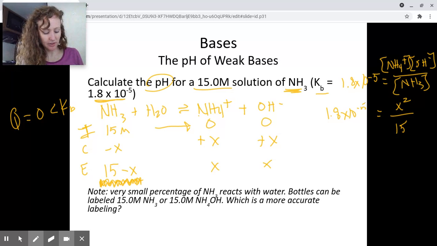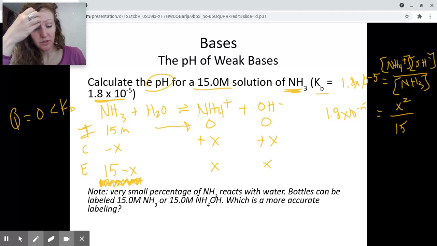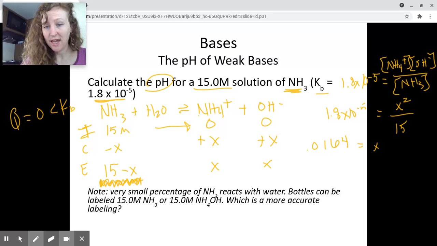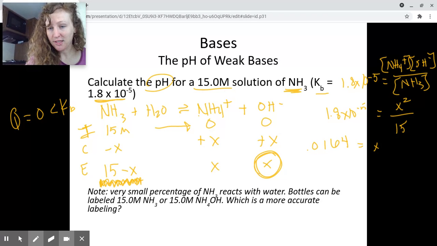So let's go ahead and do this calculation. All right, 1.8 times 10 to the negative fifth times 15 is 0.00027. I'm going to take the square root of that. So I get 0.01643-ish, which is X. So now X is my hydroxide concentration.